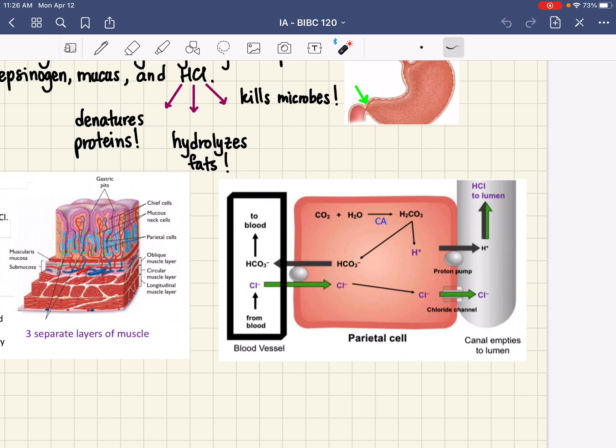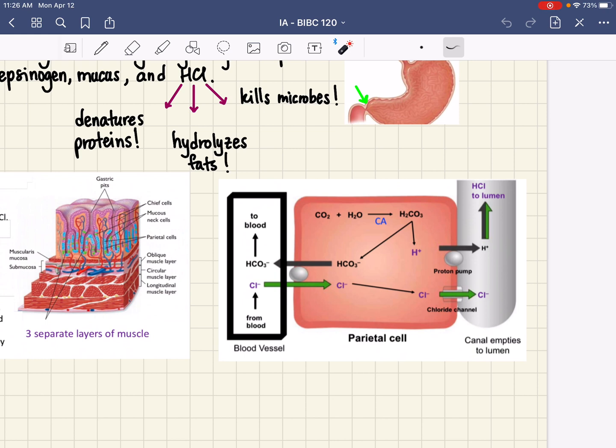So again, to get HCl into the lumen of the stomach, the parietal cell is going to produce the HCl. However, this HCl must be produced in a way to not be produced inside the parietal cell because it will destroy the parietal cell, it's so acidic.